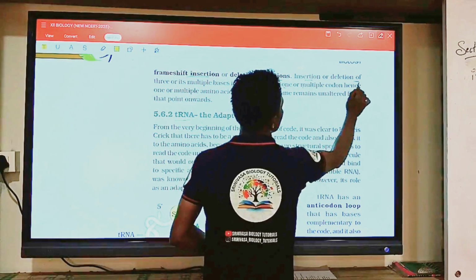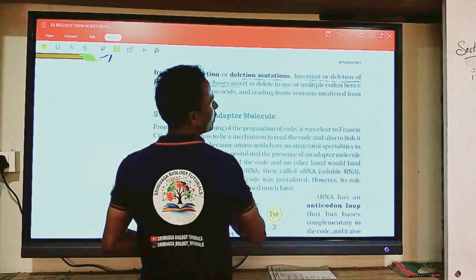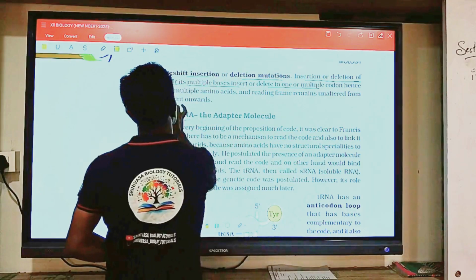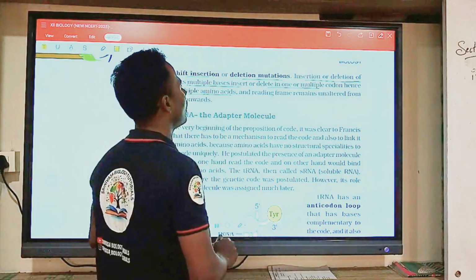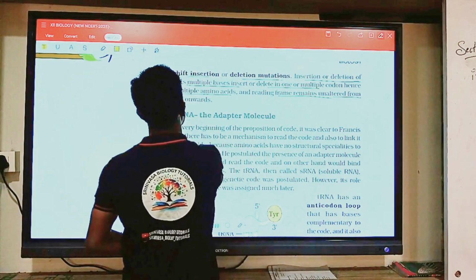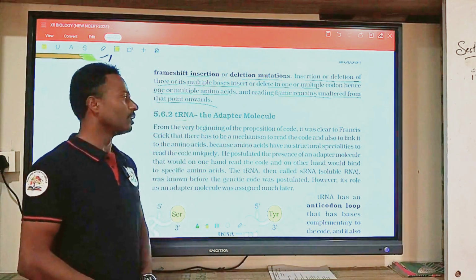Insertion or deletion of three or its multiple bases, one or multiple codons or one or multiple amino acids, keeps the frame unchanged, unlike a point mutation. The other is called a frame shift mutation.